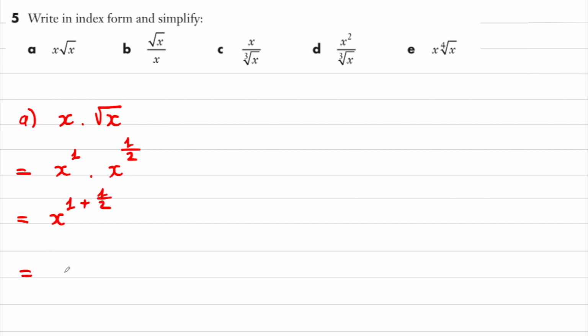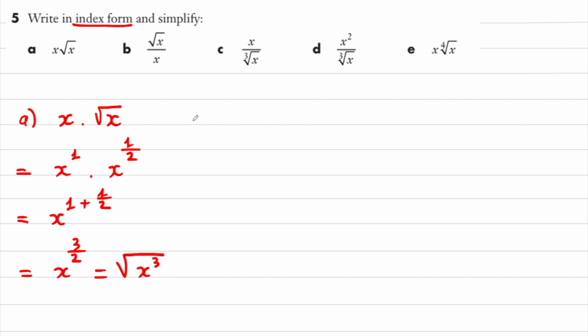Then you will have x to the power of 3 over 2 here. For this, you have to convert it to index form and simplify it. So I can rewrite it like the square root of x cubed here, in index form, and then you can simplify it.